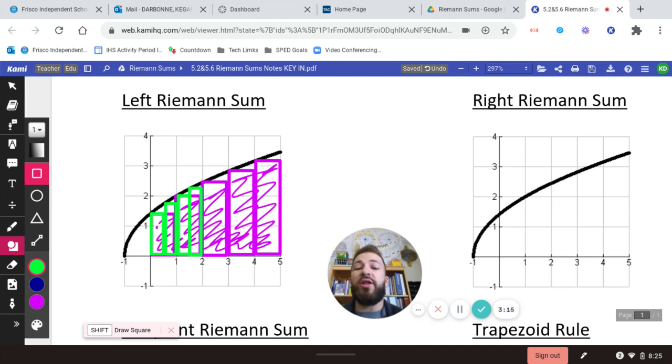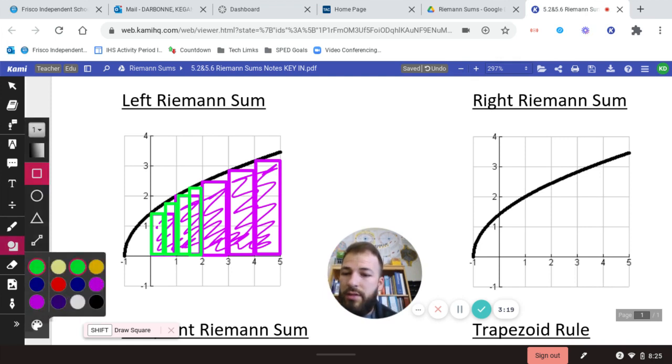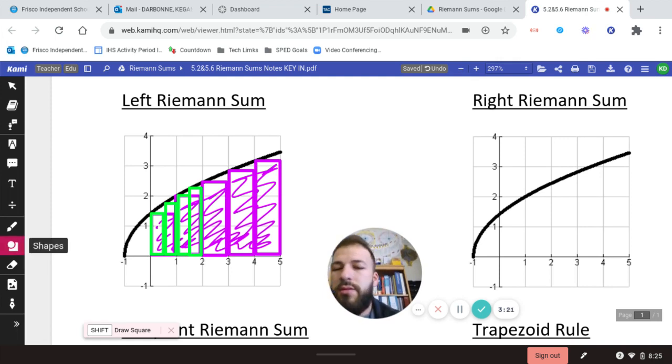My triangles have gotten smaller, so I'm missing less area. If I got them even closer, now I have almost no gaps at all in terms of area I'm missing under the curve. So the smaller and smaller your rectangles are, the better estimate your Riemann sum is going to be.